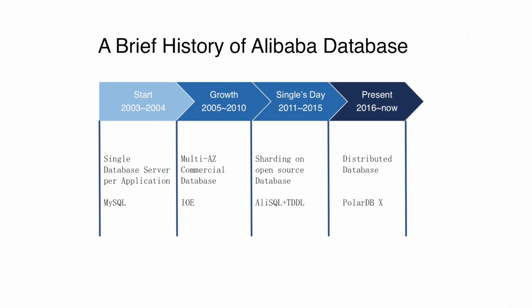The TDDL middleware works very well. It is still in use at present, but it comes with a big cost on maintenance and administration. So we have developed a native distributed database, POLARDB X.